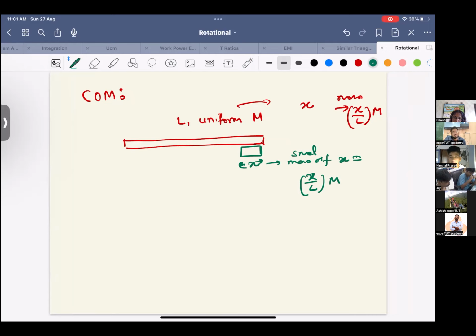Are you getting this? This is the meaning of uniform. Now, where is the center of mass? It is at L by 2 from either end.